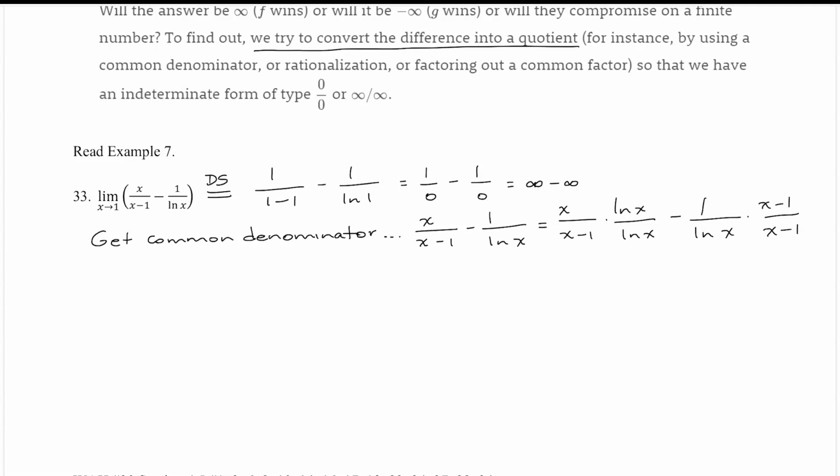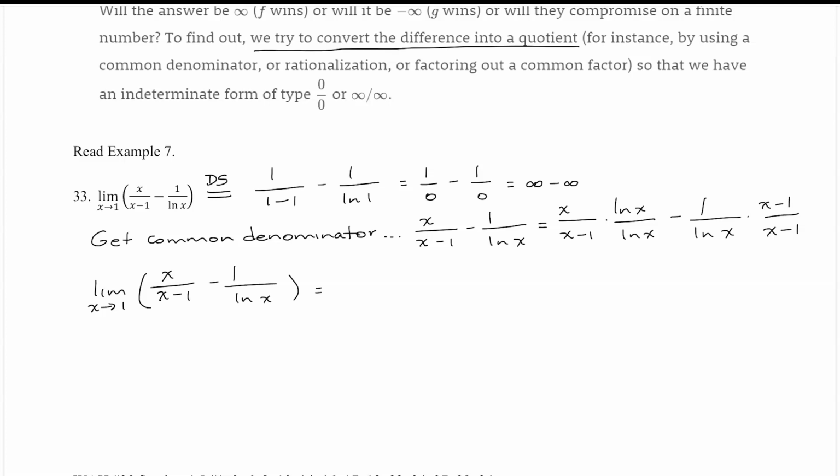And in my second fraction, I'm going to multiply top and bottom by x minus 1, so that I'm getting a common denominator of x minus 1 times ln x. Now, that's all I'm going to show for that piece of it, and we'll finish that in the actual limit.